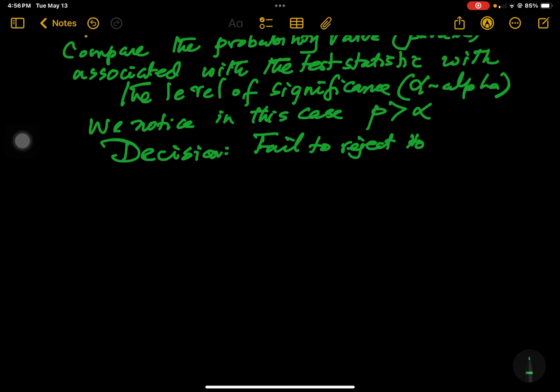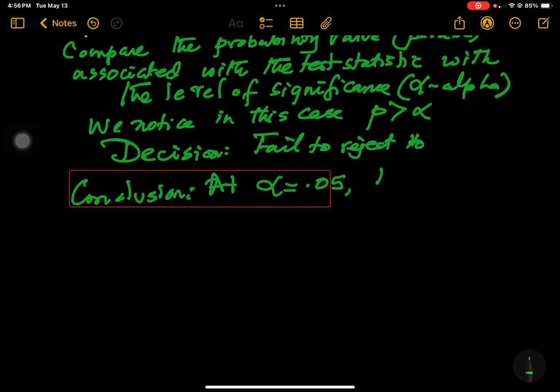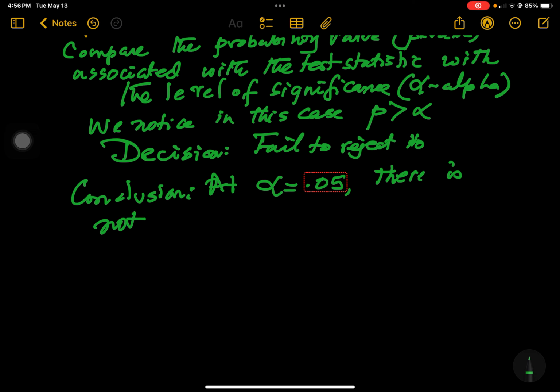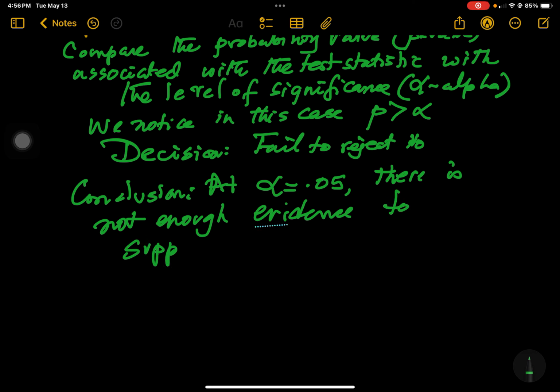Hence, we fail to reject H0. And our conclusion is at alpha equal to 0.05, there is not enough evidence to support the alternate hypothesis, which states p is greater than 0.68.